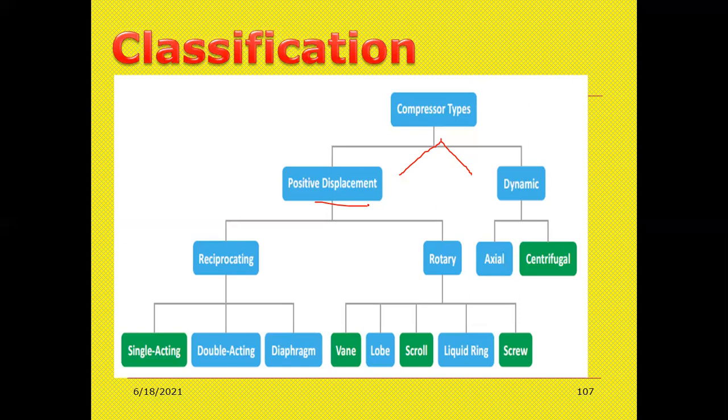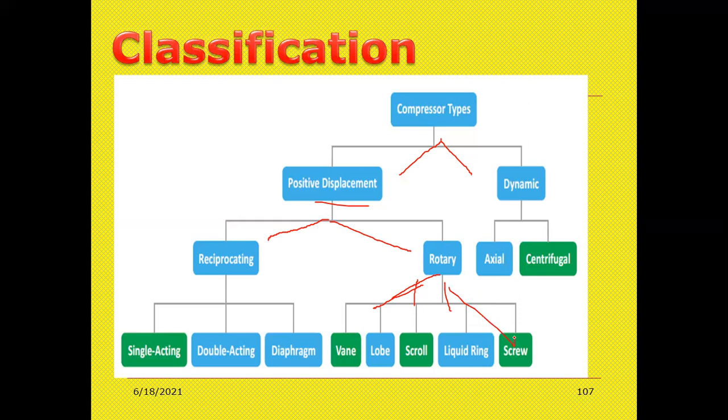Next, coming to the rotary type of compressors. From positive displacement, we have a reciprocating type and a rotary type. Again, from the rotary type, we have vane type, lobe type, scroll type, liquid type, and screw type rotary systems.